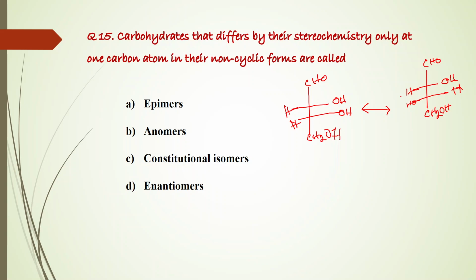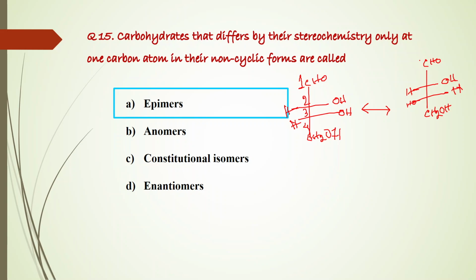Changing the carbon atom stereochemistry at only one center. Yes, absolutely, the correct option is epimers. They are known as epimers. Anytime you only change one carbon atom stereochemistry, you call them epimers. Just like in this example, this was the marking 1, 2, 3, 4.